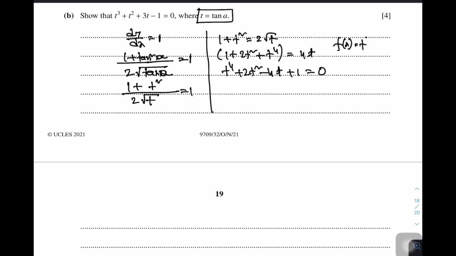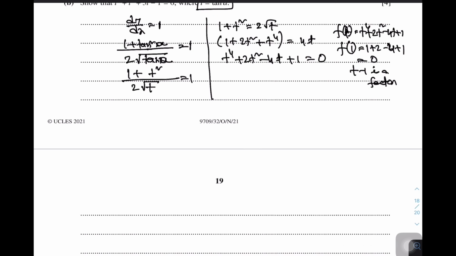f of t equals to t to the power 4 plus 2t square minus 4t plus 1, if this is t. So if t equals to 1, we can write 1 plus 2 minus 4 plus 1. So this is 0. So t minus 1 is a factor. Let me do some synthetic division. 1, 0, 2, minus 4, 1.